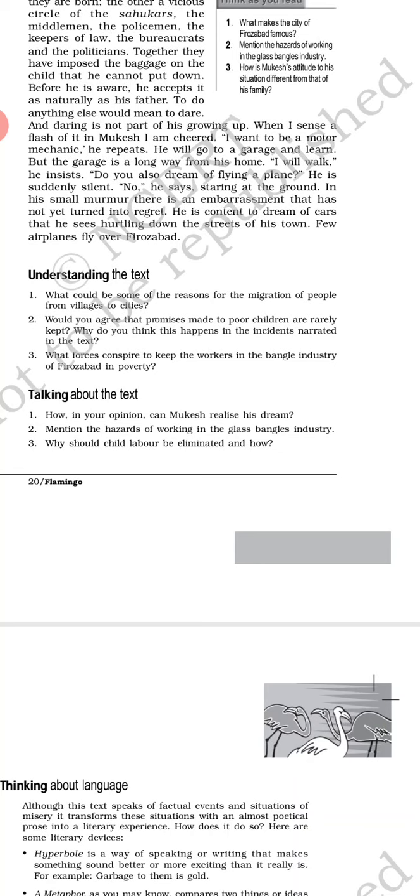But when the writer asks him whether he would become a pilot, he says he will never become a pilot. He doesn't have such a dream, which is devoid of reality. He is conscious of the reality and wants to turn his dream into reality. I hope everyone has understood my explanation.